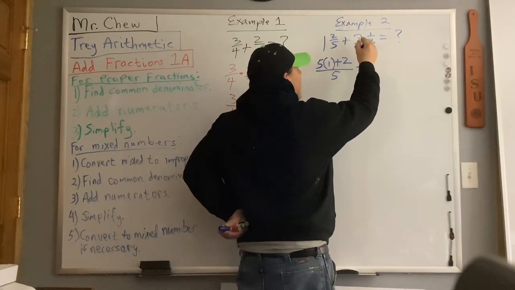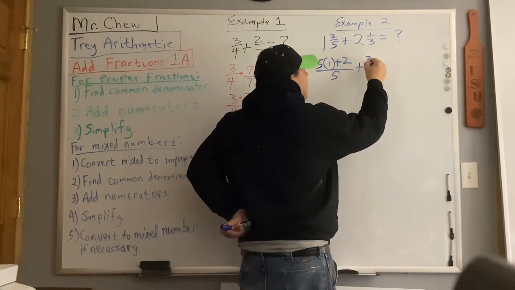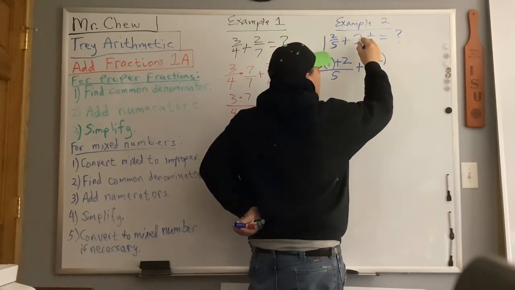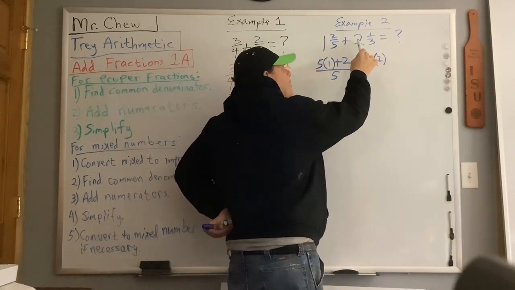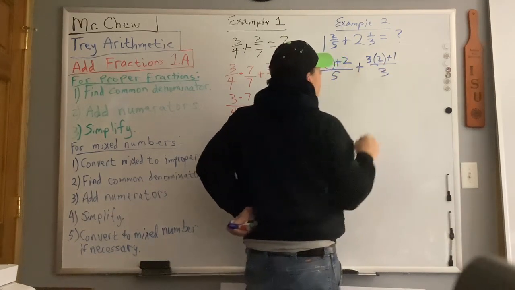I take my numerator, I'm going to multiply it by the denominator, so I write the denominator down, then the numerator, or the whole number rather, sorry, the denominator times the whole number plus the numerator over 3.